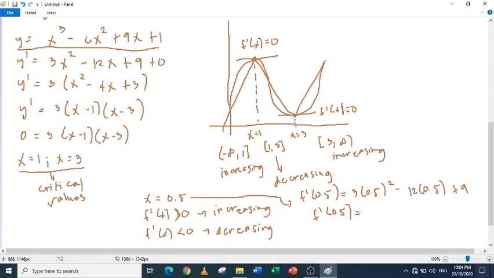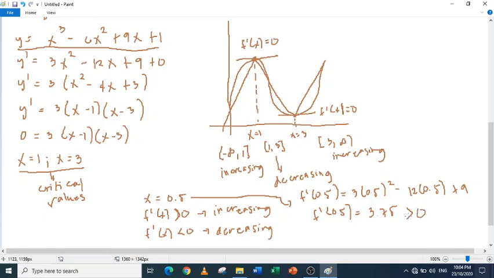Okay. So, ang derivative natin ay 3.75, which is greater than 0.